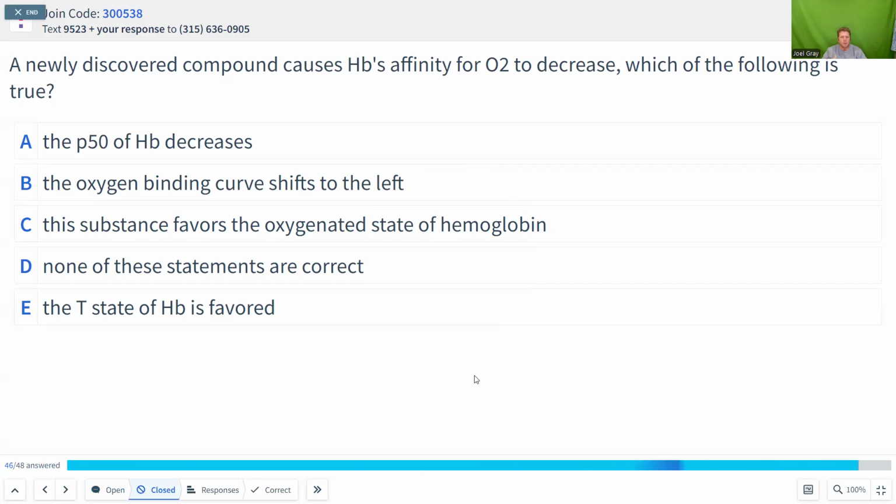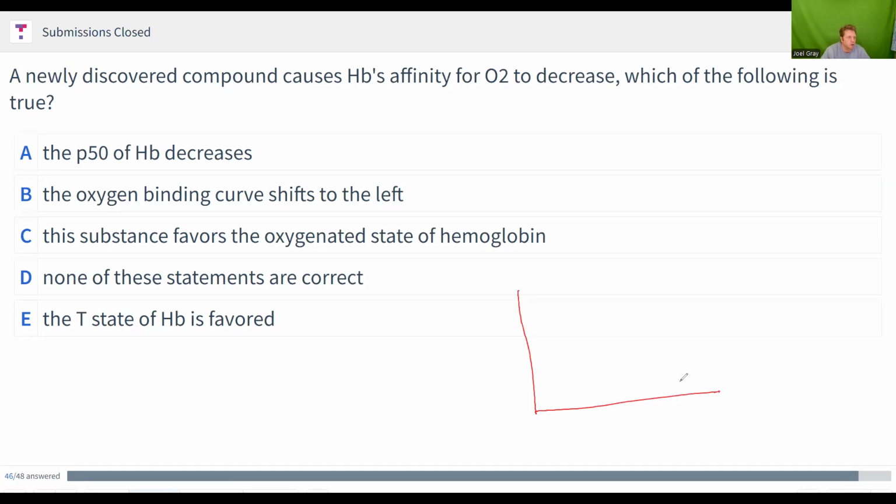So when you look at this question, there's a couple of different things that are kind of presented. And this is why I think it's very important for you to really understand and to study an oxygen binding curve. On an oxygen binding curve, our y-axis is Y or theta if we're talking about any ligand, but we're talking about oxygen binding proteins.